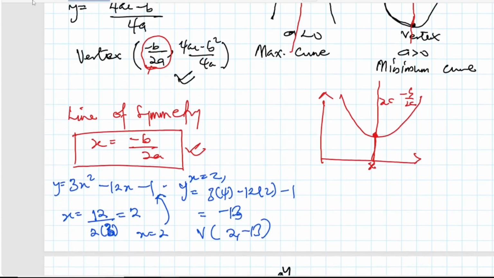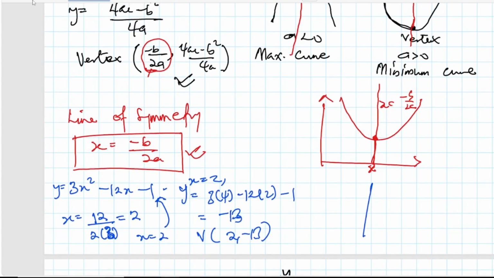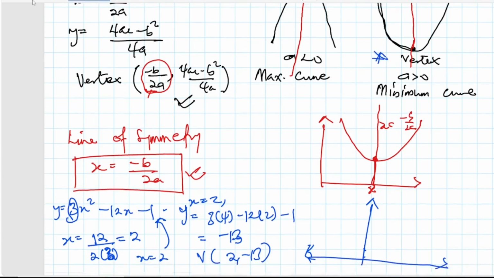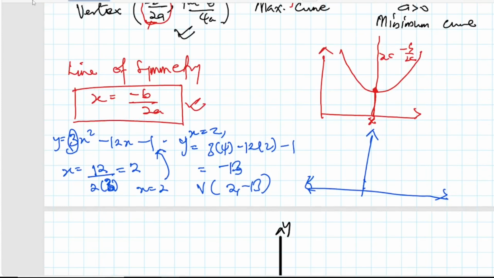So a rough sketch of the curve is going to look like this. First of all, let's also identify whether this curve is a minimum curve or maximum curve. Because the coefficient of x squared, which is 3, is positive, it's going to be a minimum curve. And we know a minimum curve is a U-shaped curve, like this. So that's what we're going to draw. And we know the turning point is (2, negative 13).